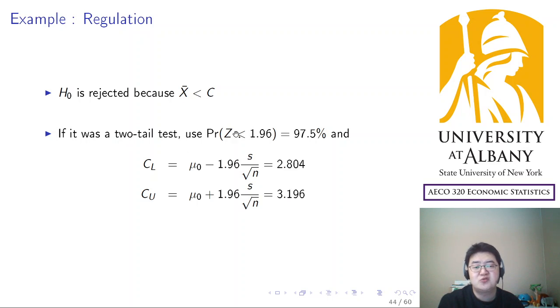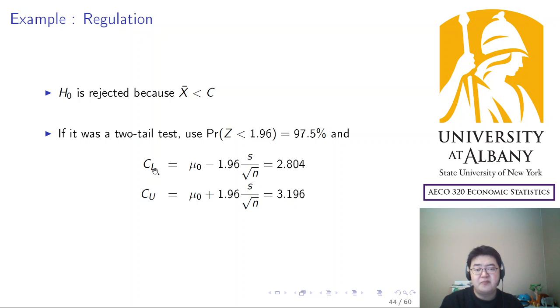So if you use two-tail test, we use 1.96 for the z-value, which is the top 2.5% value. There are two critical values because you have to consider the bottom and the top at the same time. So lower critical value 2.804, upper critical value 3.196.